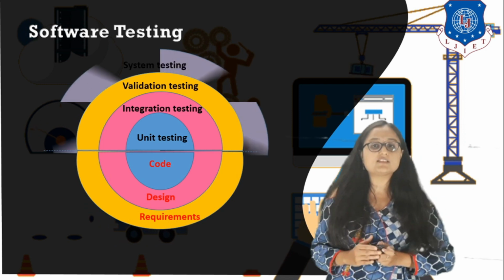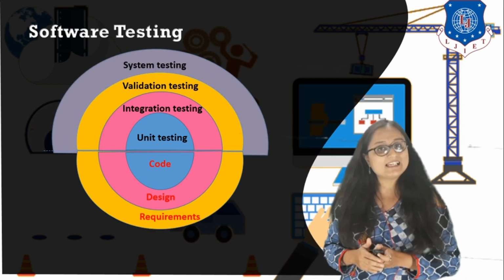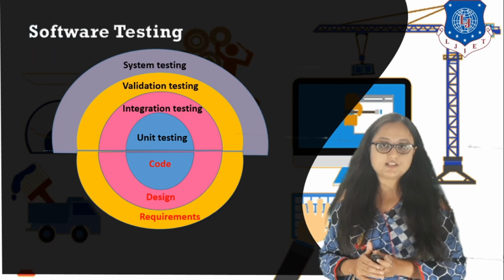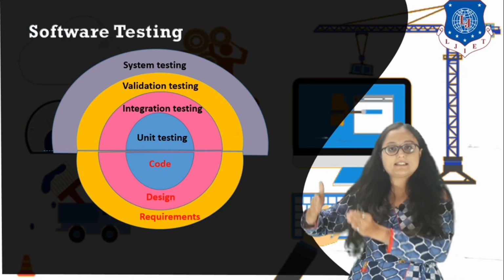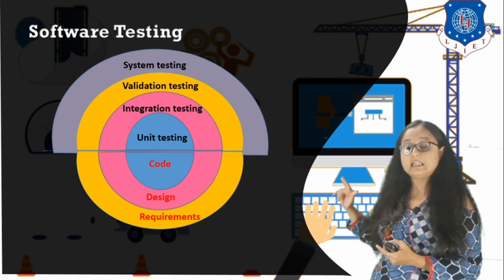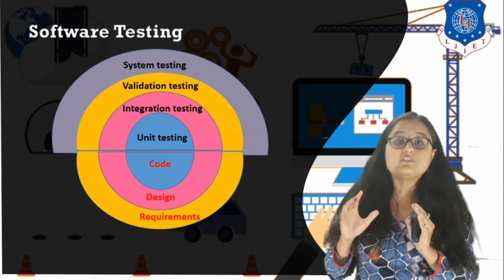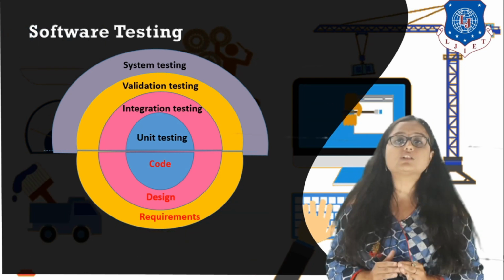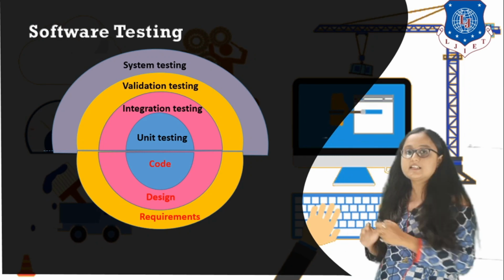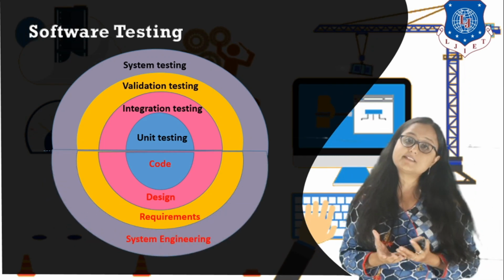And the last testing strategy, after all this core testing is completed, is system testing. So once you have individually tested the units, also integrated the units and tested in integration testing, and also checked the customer requirements in validation testing, the last testing is system testing, in which the overall system is tested.